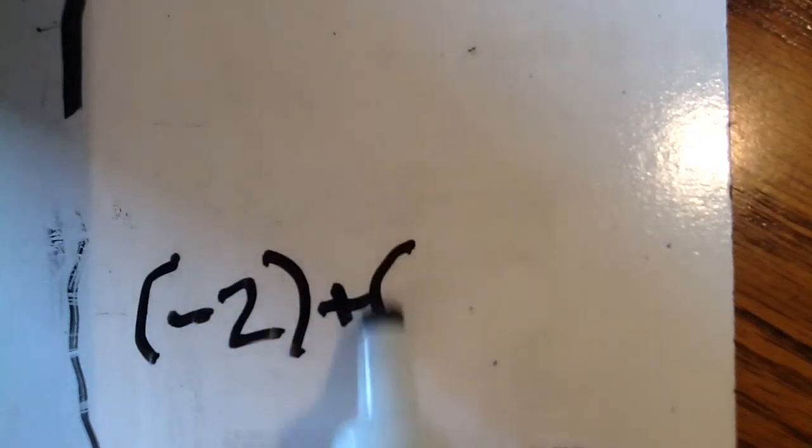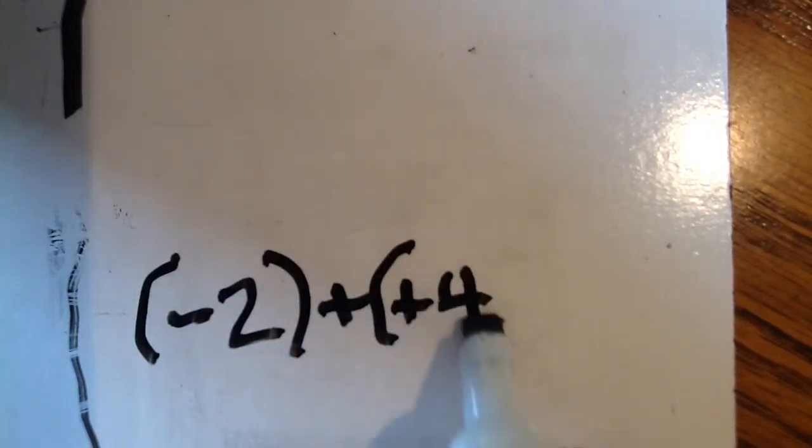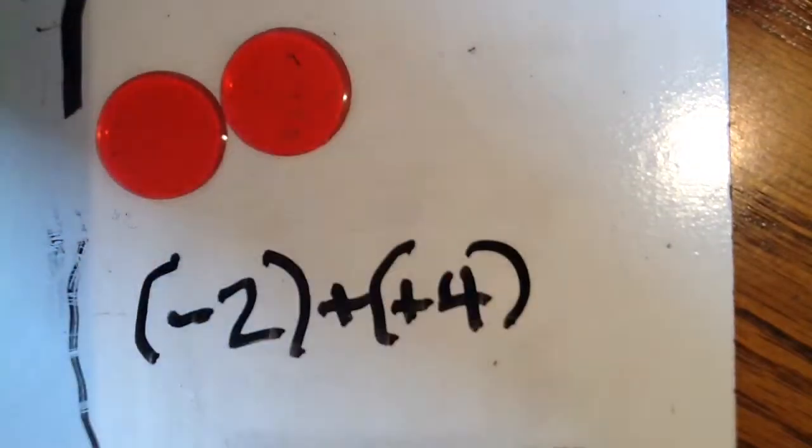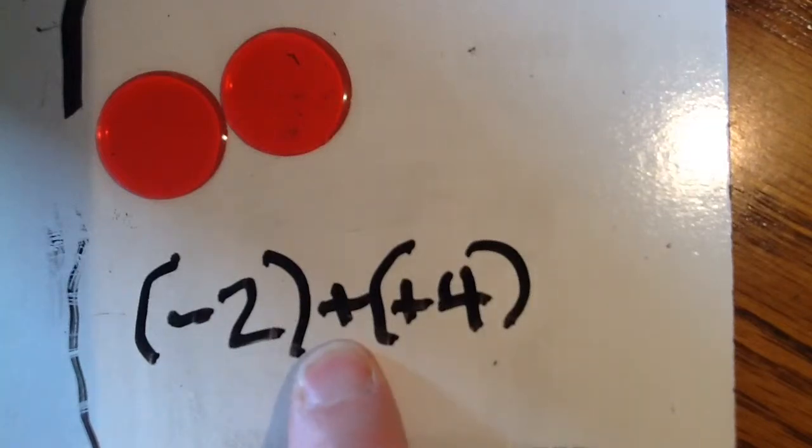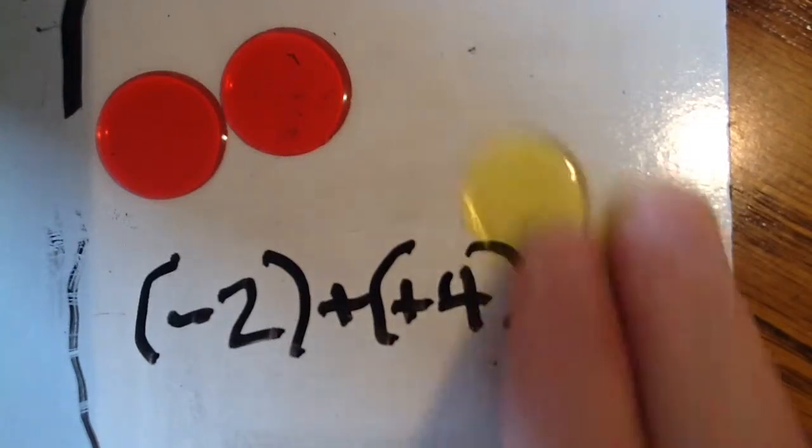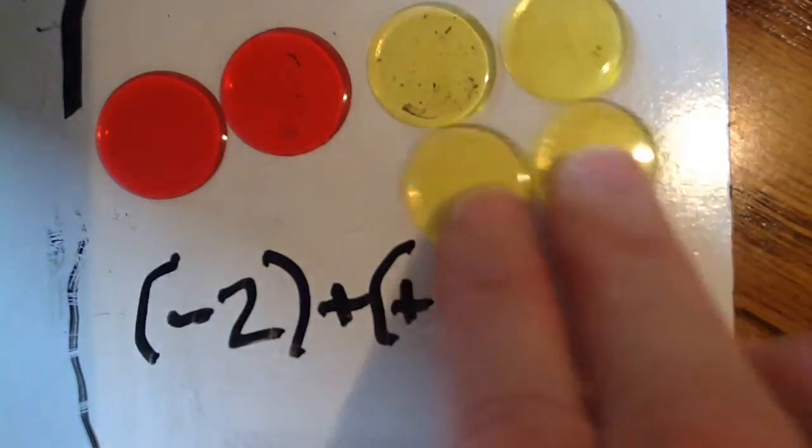Let's try another example. Let's try -2 combined with +4. Let's see what we get. So let's start off with our -2. There's your -2. And you're going to combine that. Remember, plus means combine. So you're going to combine that with +4.